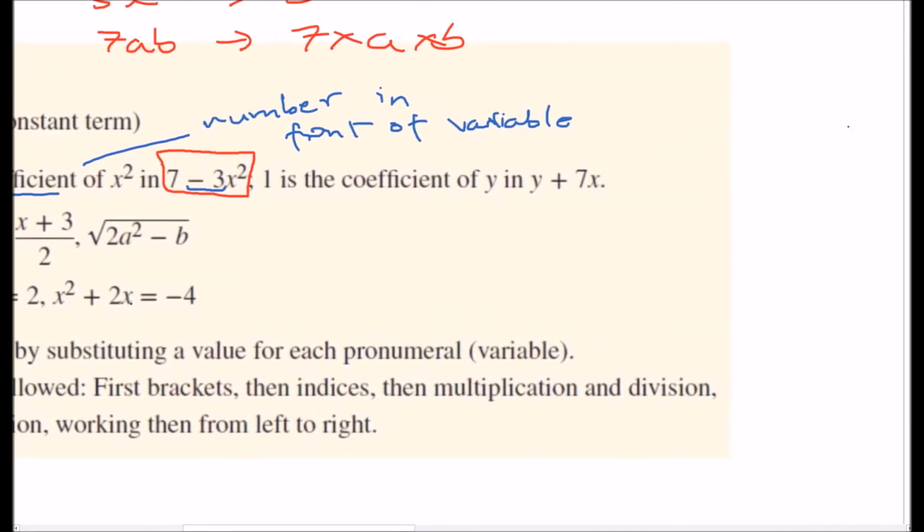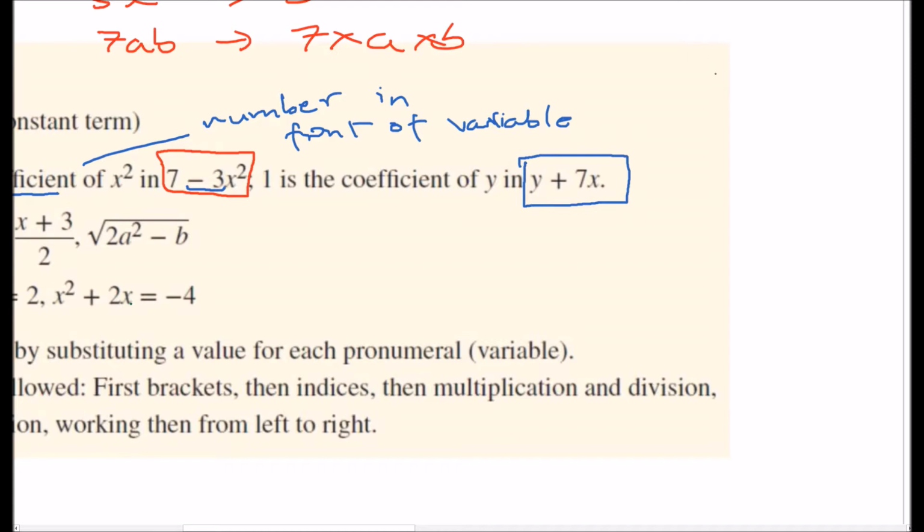In this case here, 1 is the coefficient of y in this expression. Now, in front of any letter that is by itself, there is a magic number: the number 1. So in front of this y, there is a 1. Whenever you get a letter by itself, there is a number 1, which is the coefficient in front of it.